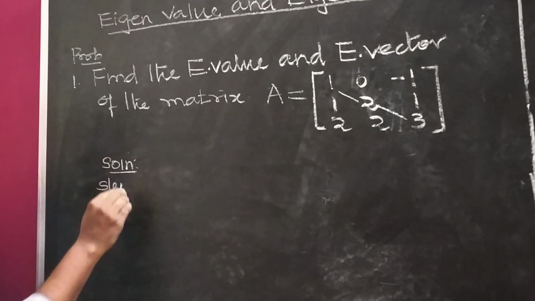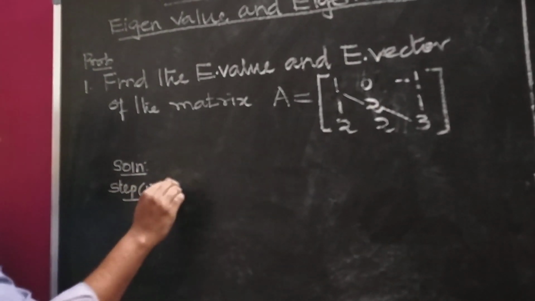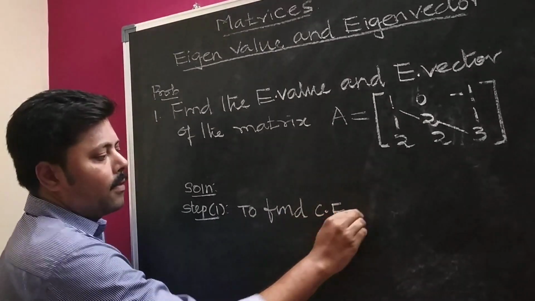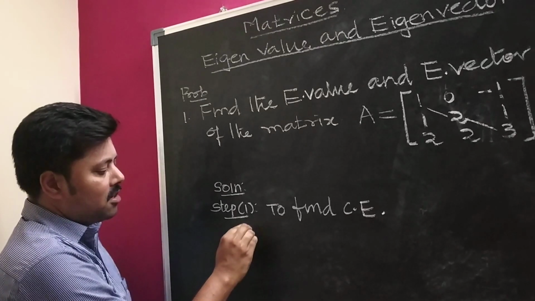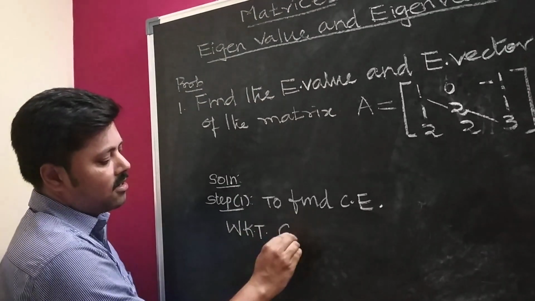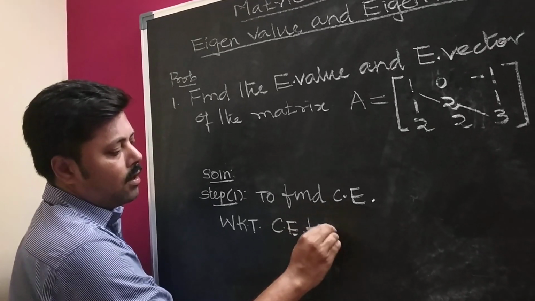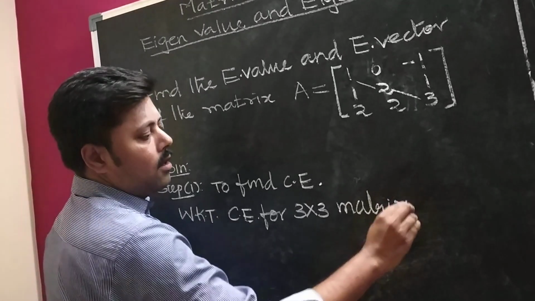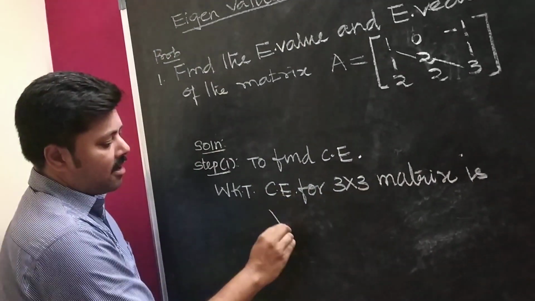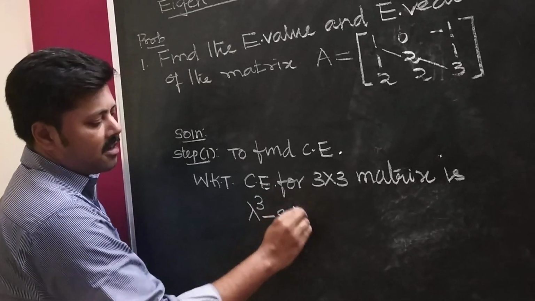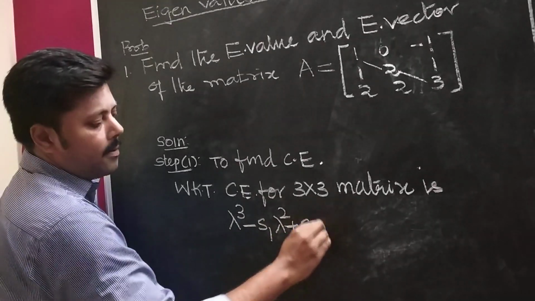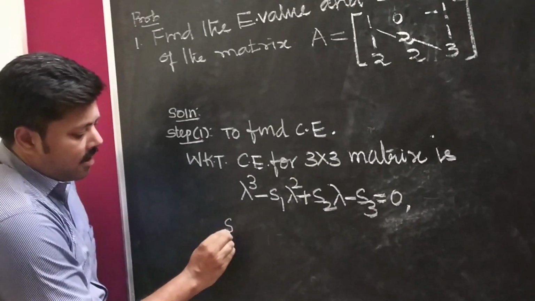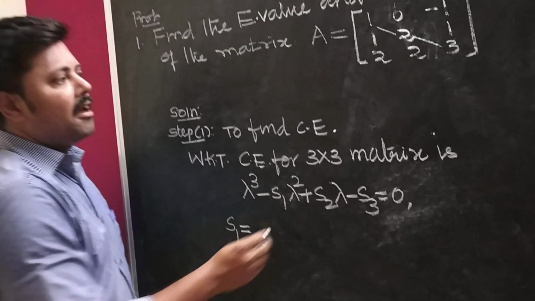Step number 1, to find the characteristic equation. We know that the characteristic equation for 3 by 3 matrices is lambda cube minus S1 lambda square plus S2 lambda minus S3 equal to 0, where S1 is the sum of the main diagonal elements.